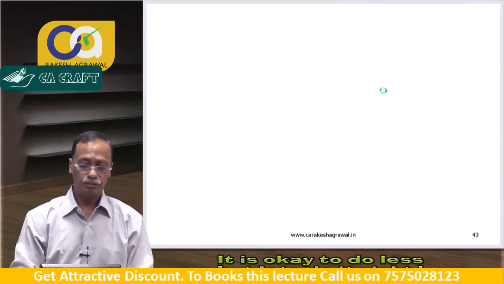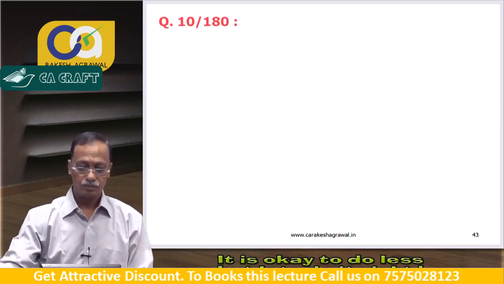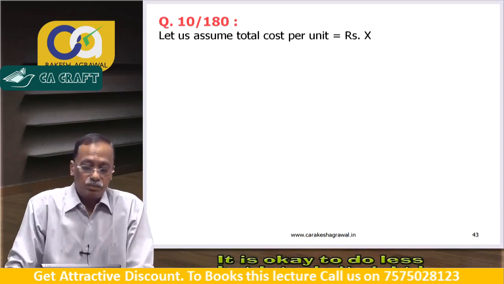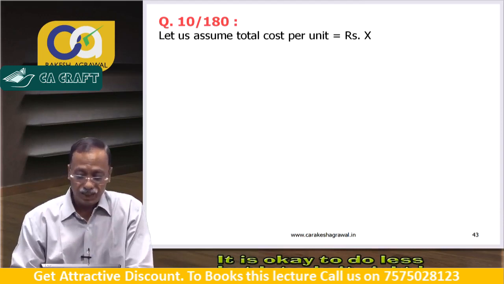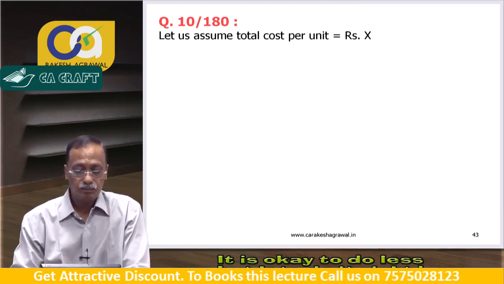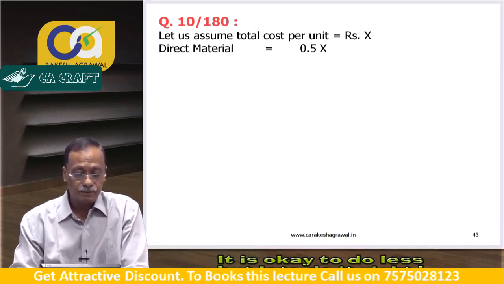Write down. Question 10 by 180. Write down. Let us assume total cost per unit is equal to rupees X. So direct material is equal to 0.5X.